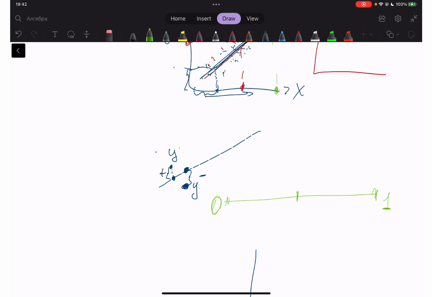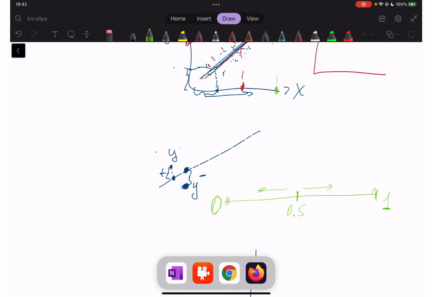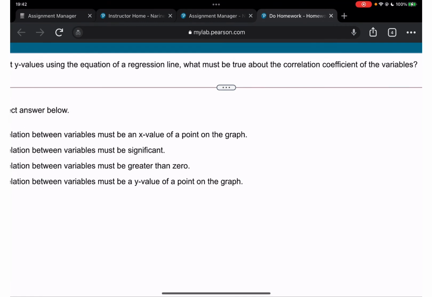And 50-50 is 0.5. Below 0.5, it's getting weaker and weaker. Greater than 0.5, it's getting stronger and stronger. So if we don't have the scatter plot graph in front of us, based on the correlation coefficient, we can figure it out.